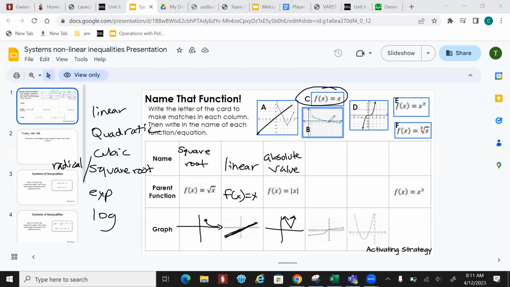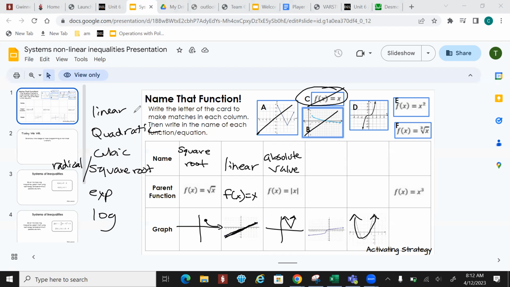Okay, so we got rid of A, B, and C. Let's do something that we remember back from Algebra 1. This U shape, what kind of function is this?